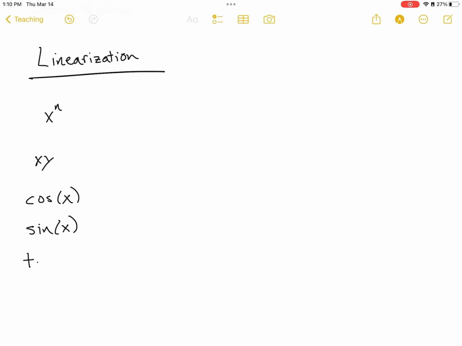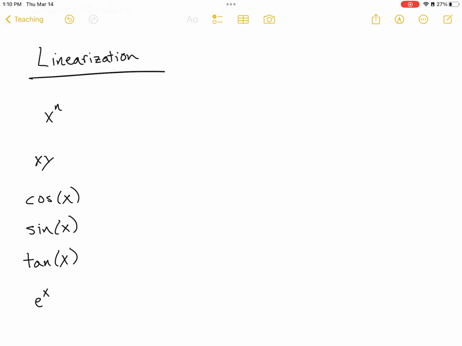So trigonometric functions of dependent variables make them nonlinear. And one other one that we'll say is e to the x. So in the case of e, if some constant is raised to the power of our dependent variable, then that makes this thing nonlinear in our dependent variable.